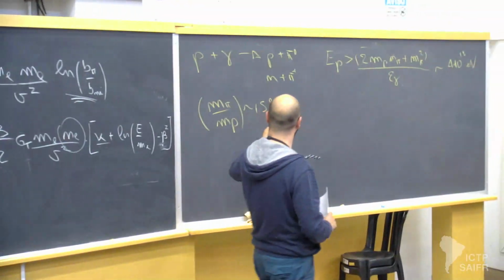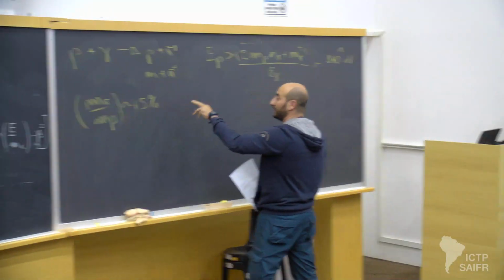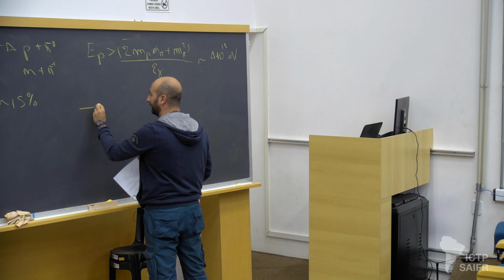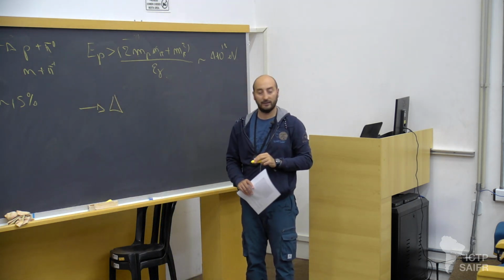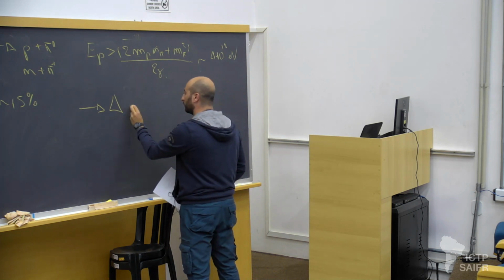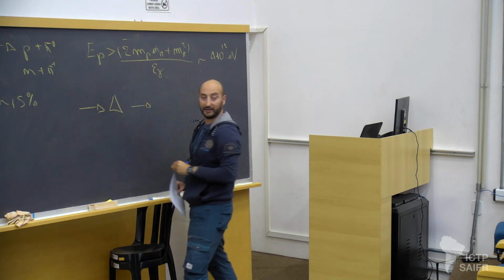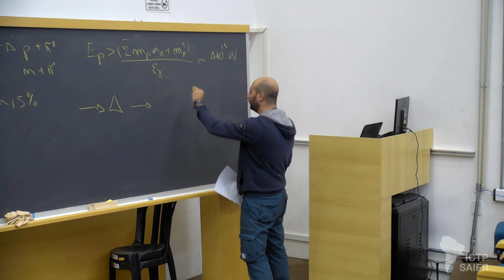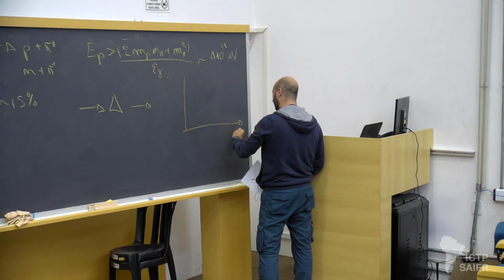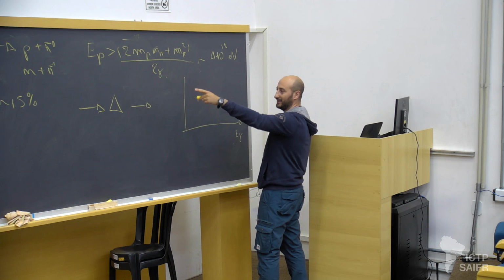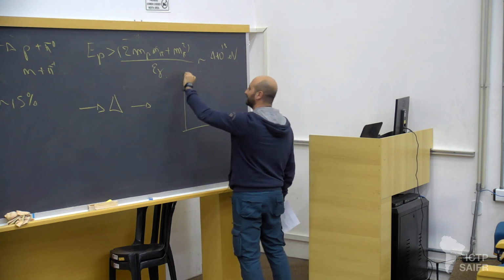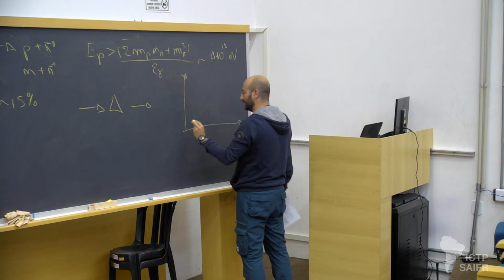This process, close to the threshold, is dominated by a resonance state, the delta resonance, the delta baryon, which decays into this final state product. So if you look at the cross-section as a function of the energy of the photon in the frame where the proton is at rest, this has been measured, of course, in the lab.